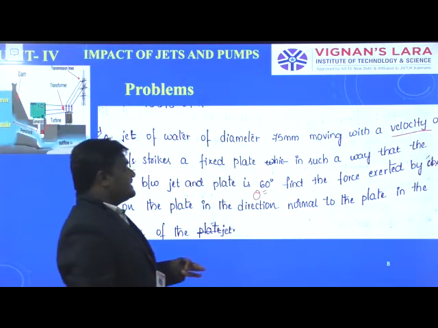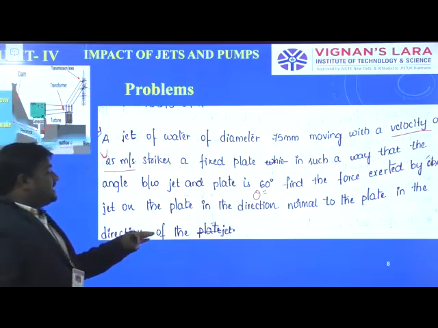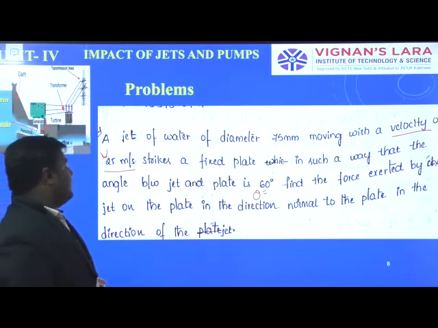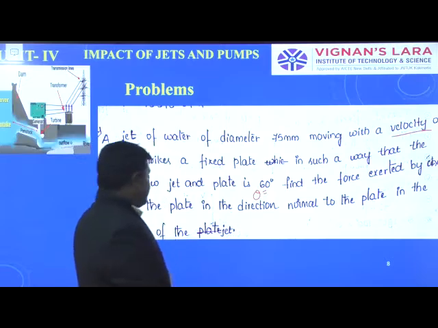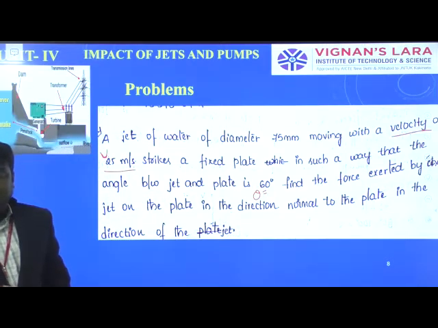Find the forces exerted by the jet on the plate in the direction normal to the plate and in the direction of the jet.